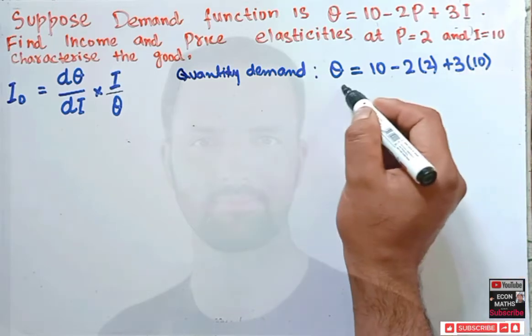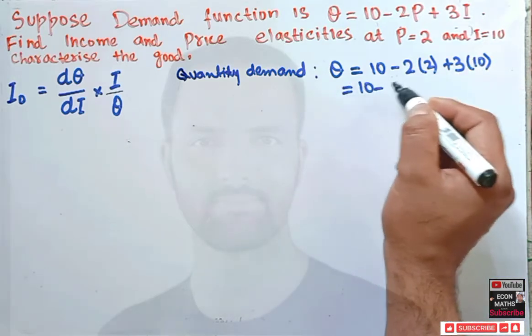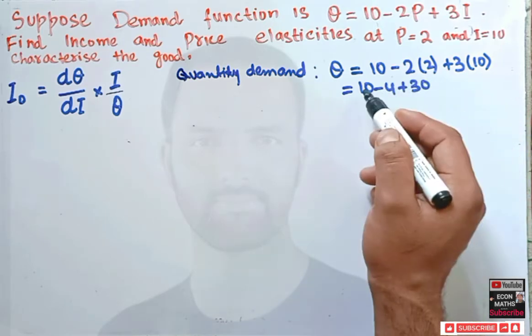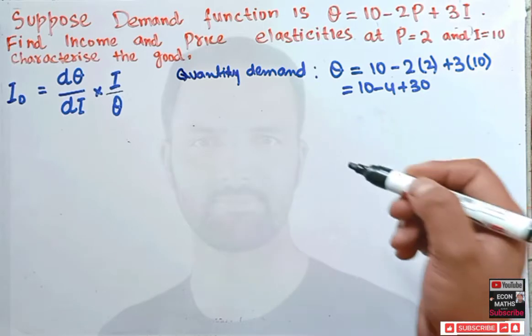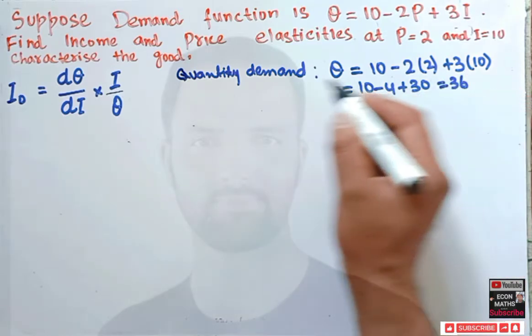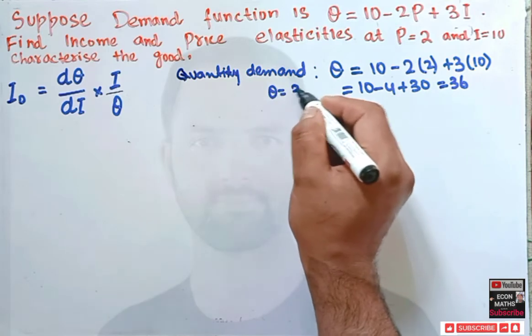When calculating, this is 10 minus 4 plus 30. 30 plus 10 is 40. 40 minus 4 is 36.